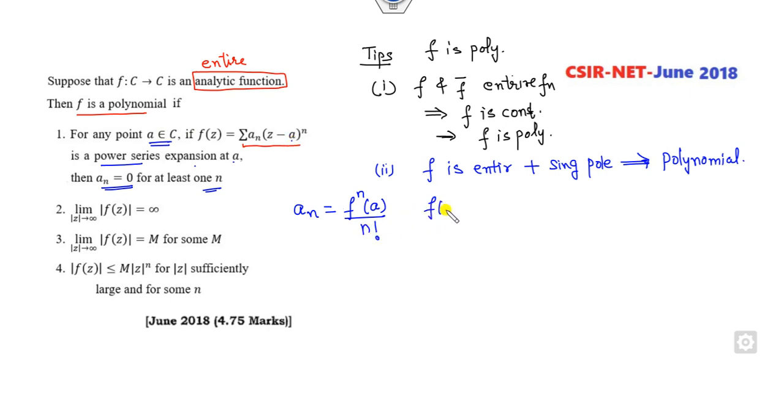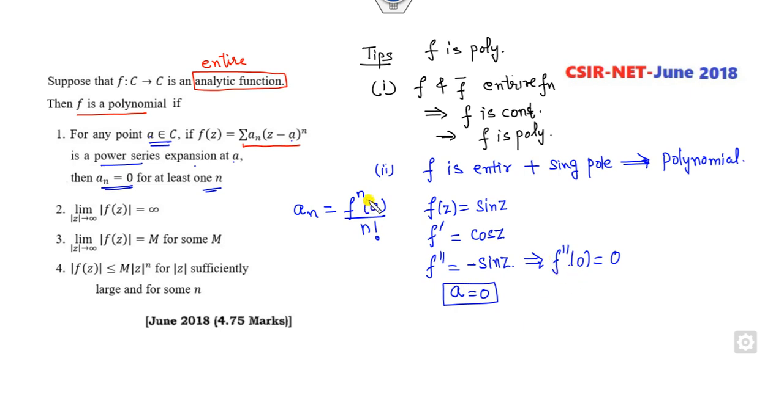Now, if I simply take my function as sin z, what is my first derivative? cos z. Second derivative, minus sin z. Now you can clearly say for each a in C, if I consider a as 0, then f double dash of 0 is 0. So if f double dash is 0, it means a_2 is 0. So we get a_n equal to 0 for at least one n.